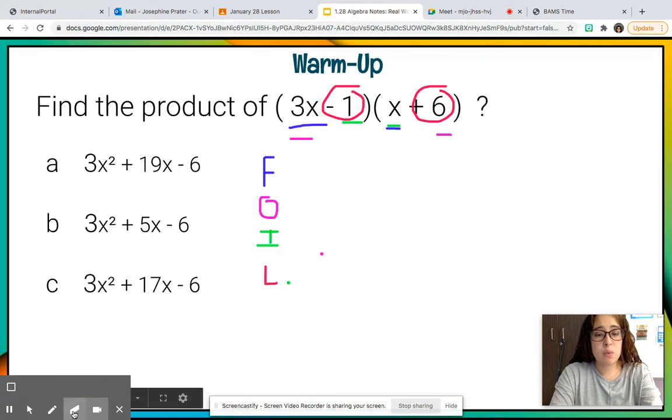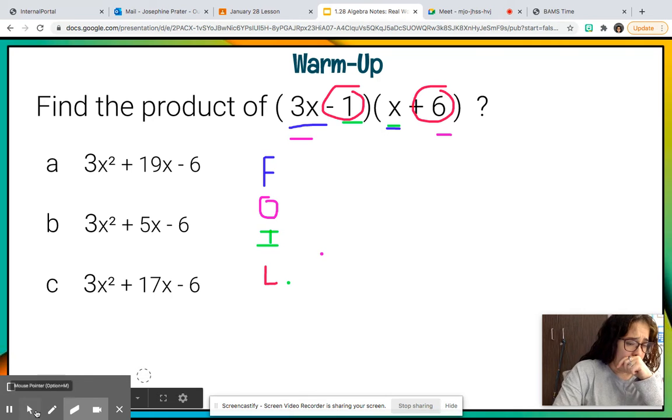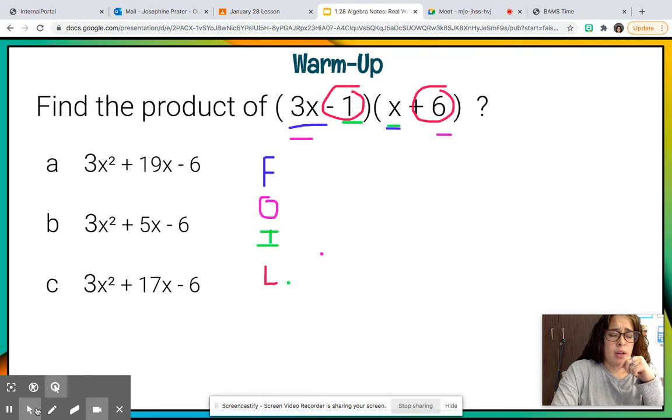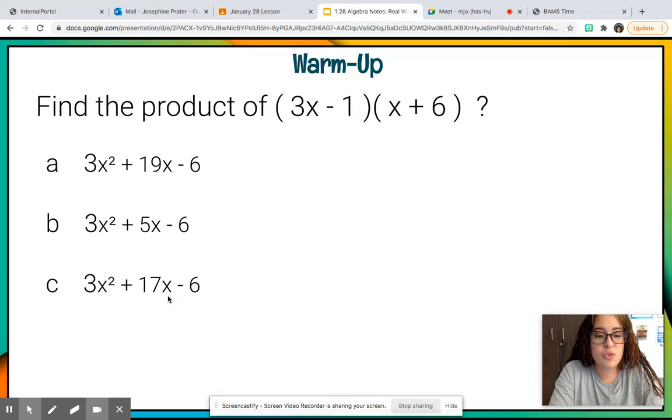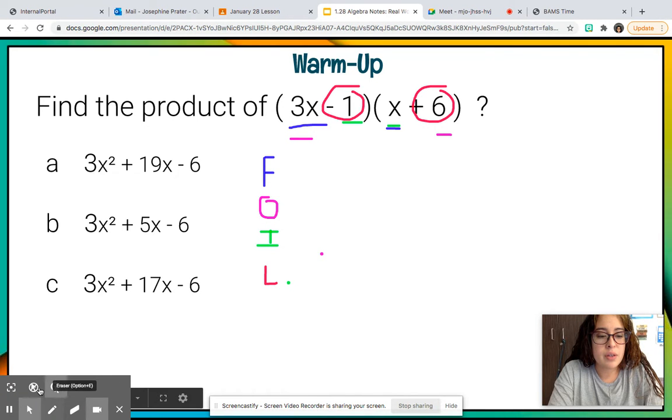In the case that you don't want to use that, you could just distribute. So, hold on. Let me just erase this all.